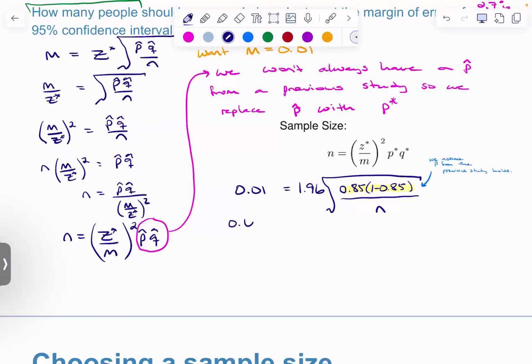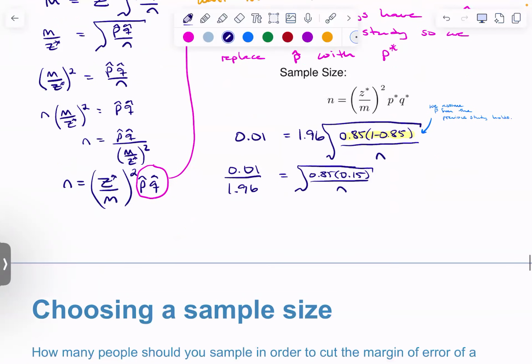So 0.01 divided by 1.96 is the square root of 0.85 times 0.15 divided by n. And then I can square that. 0.01 divided by 1.96 is 0.85 times 0.15 divided by n.